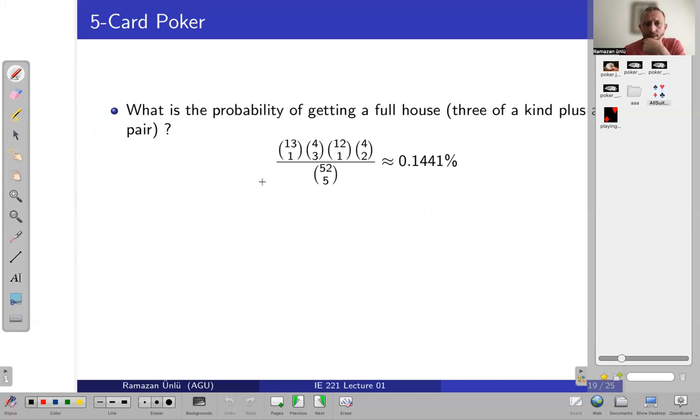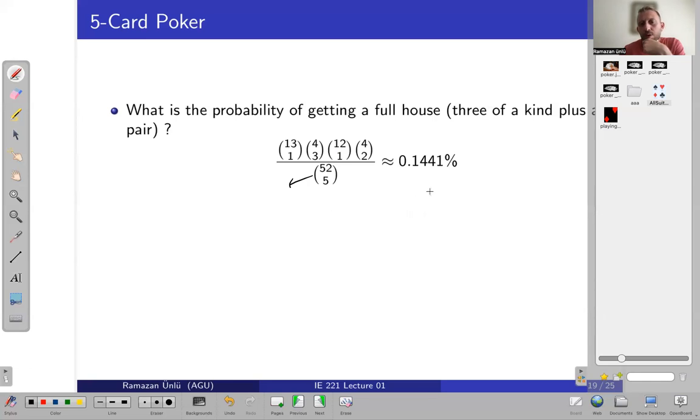It is not easy. For example, this part is used to calculate how many different mixes of 5 cards I can get, how many different combinations I can create.